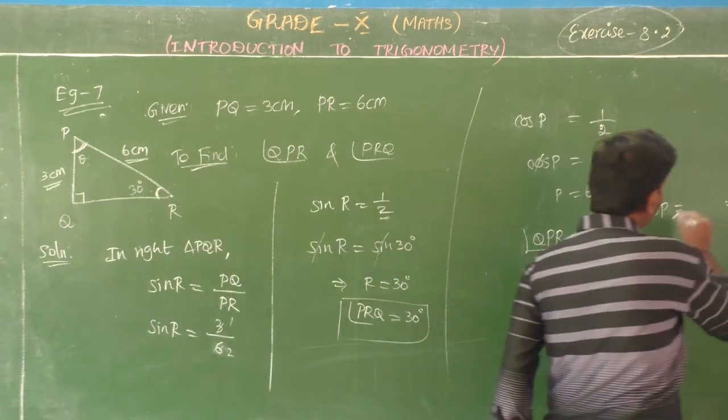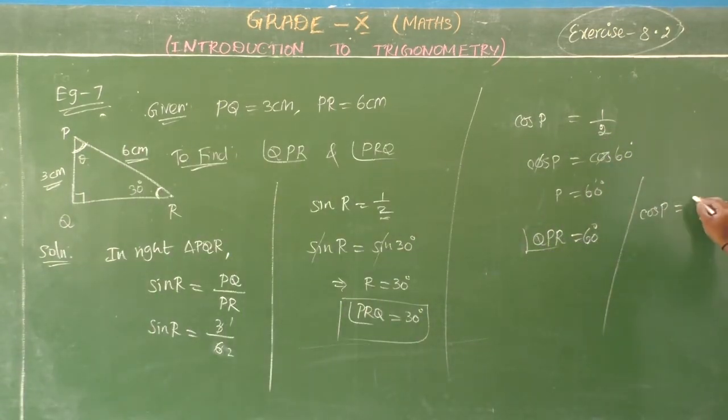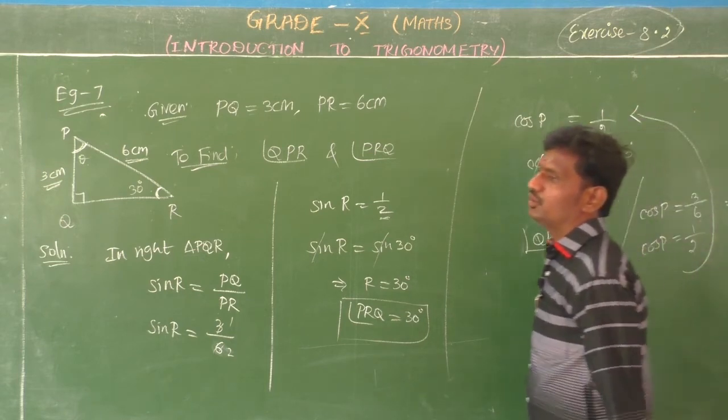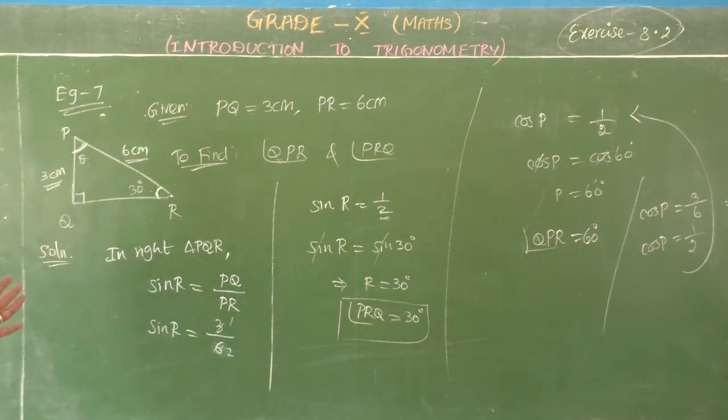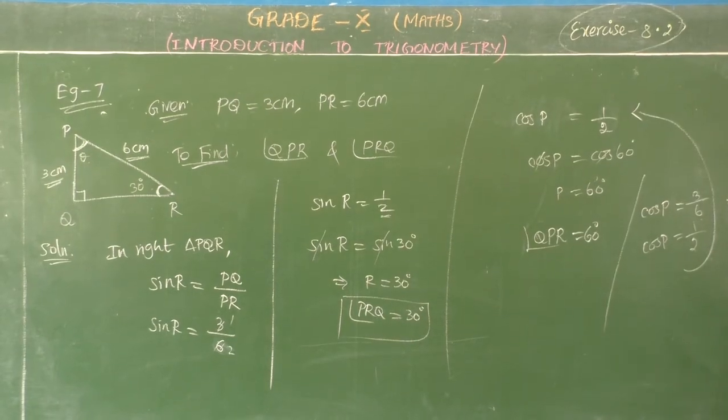So 3 by 6. If you simplify, cos P is equal to 1 by 2, and hereafter we take the same steps to find. Okay students, now finally you find the two angles: angle QPR is equal to 60 degree and angle PRQ is equal to 30 degree.